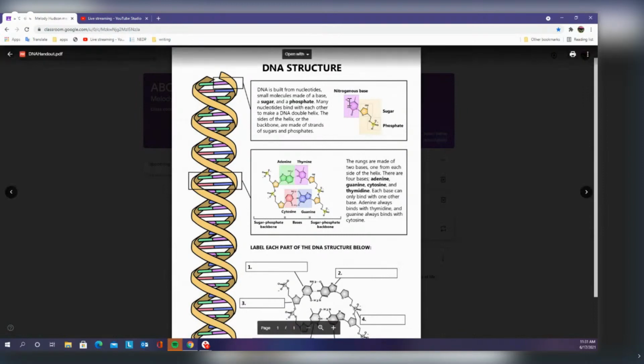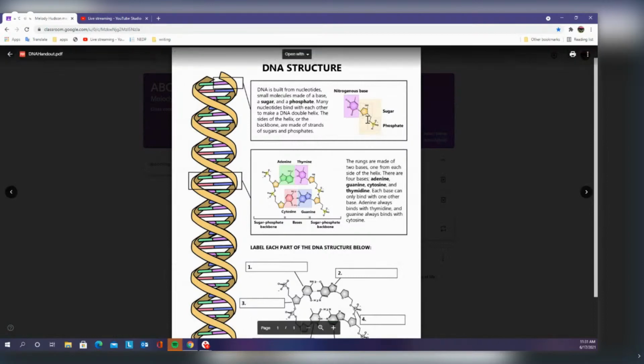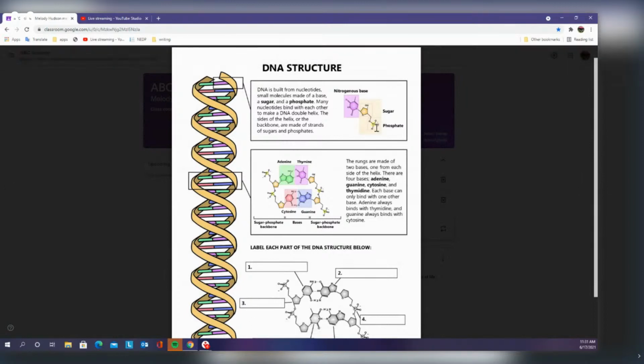That's your nitrogen base. And then you have a sugar and a phosphate attached to it. What I want you to understand is the sugar and the phosphate make up the outside rungs, the outside support of the DNA structure. The nitrogen base is going to be inside.